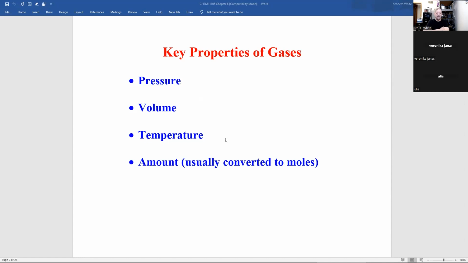And the last one is amount, which is weight, grams, but that's usually converted to moles, which you know how to do, I hope. So these are the key properties of gases, and I'll never, ever ask on a test, what are the key properties of gases? Nope, won't do that. But let's talk about them.